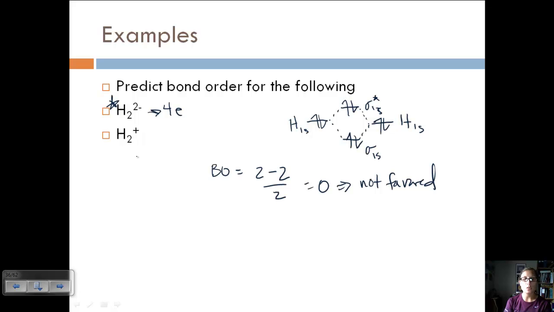So then if we look at H2 plus, here we've got 1 electron, because each hydrogen donates 1, but then the plus means it lost 1, so that's 1 electron. Okay, so then we've got our H1s and our H1s, and we only have 1 electron, so that has to fill our lower energy orbital, and this is our higher energy, but we don't have any electrons left.